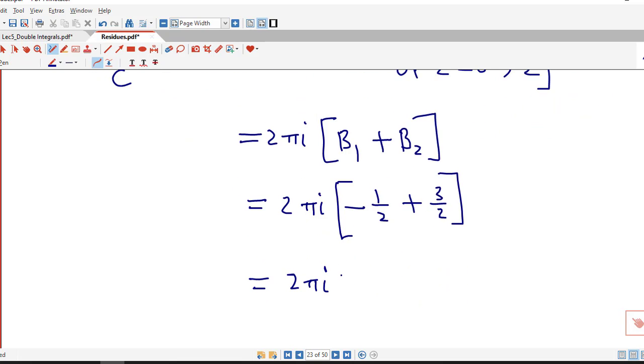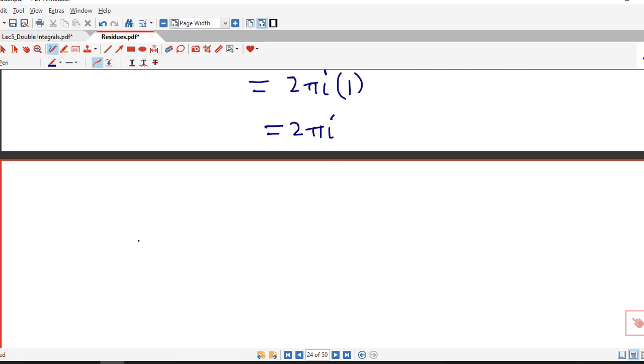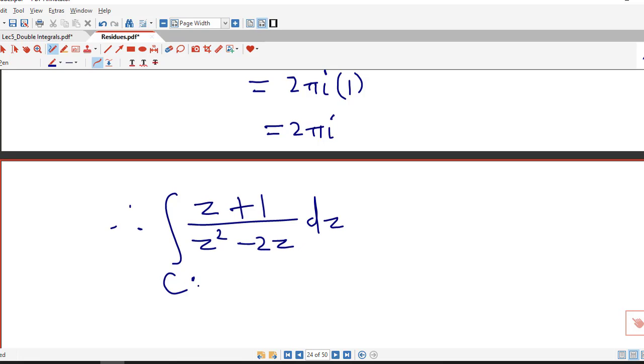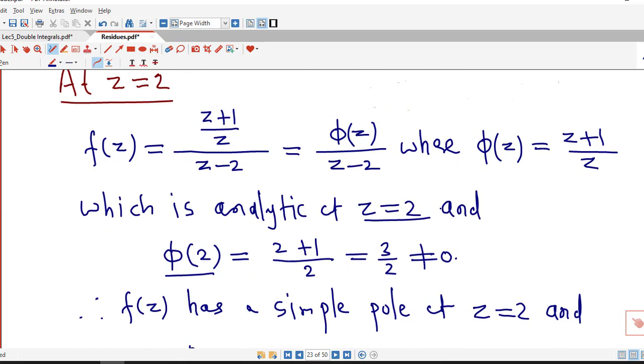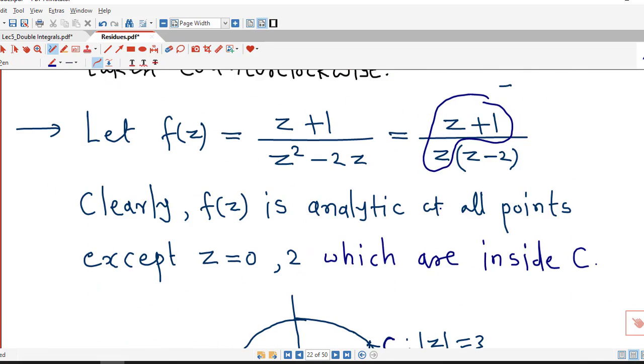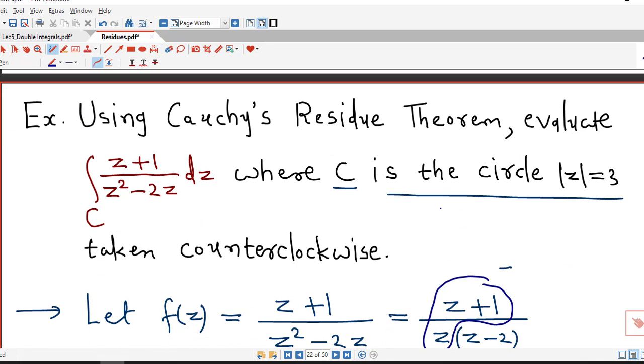So this is going to be 1, and therefore the value of the integral is 2 pi i. So therefore the integral of the function z plus 1 over z square minus 2z along the simple closed contour C, which is mod z equal to 3, is nothing but 2 pi i by Cauchy's residue theorem. So in this way we can easily evaluate certain types of integrals using Cauchy's residue theorem.